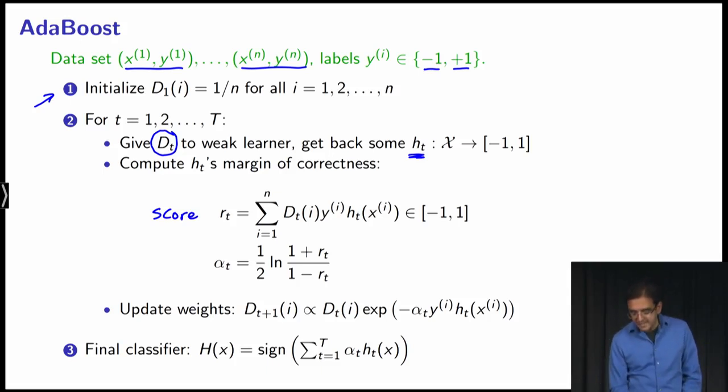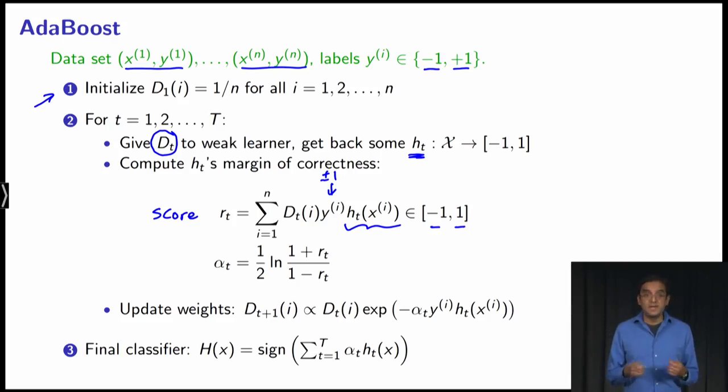This score is a number between -1 and +1. +1 means that this classifier, H sub t, gets everything completely right. -1 means that it gets everything completely wrong, and 0 would be like a random classifier. So let's see what this formula is exactly. The label of the ith point is plus or minus 1, and h sub t of xi is the prediction of the weak classifier on the ith point.